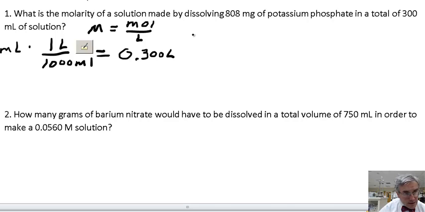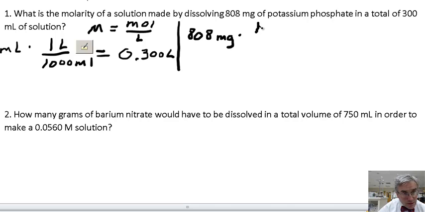Now we're going to take our 808 milligrams of potassium phosphate, and we're going to convert that to grams, similar to converting to liters.